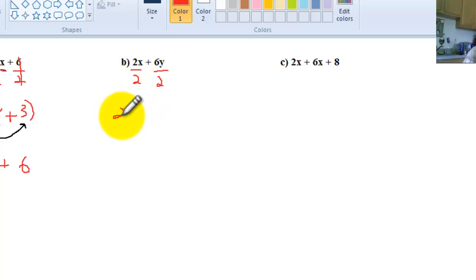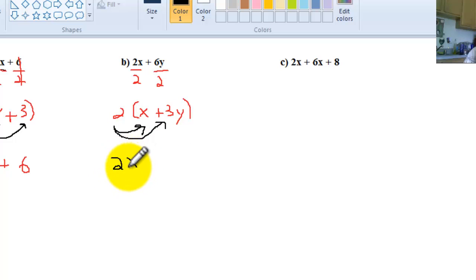So you're going to factor out the 2 again, and you will get the x. Now it's plus 3y, because y just stays there. You can't do anything with it. And then if you multiply back, you get the 2x plus the 6y.